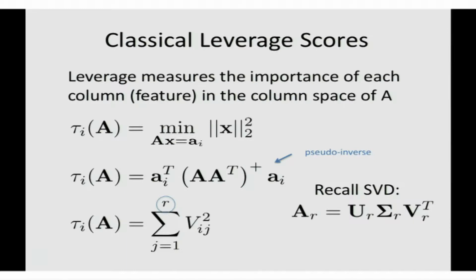One important thing to realize about this representation of your leverage scores is that if you recall the singular value decomposition of your matrix A, in terms of three matrices U, sigma, and V, you can also write your leverage scores as the sum over your right singular vectors up to the rank of the matrix: the sum of the entries of your right singular vector squared, up to the rank of the matrix.